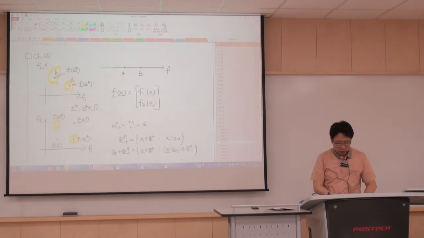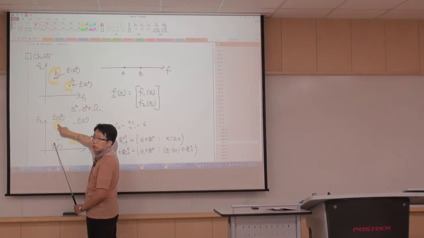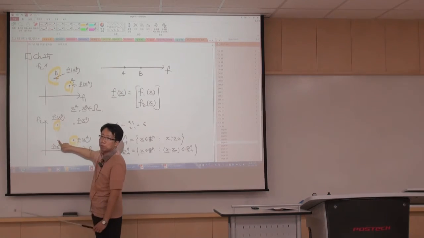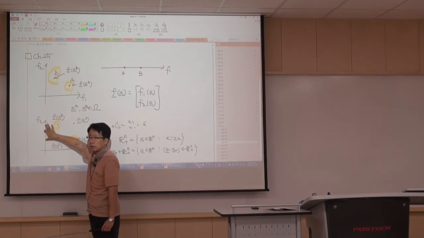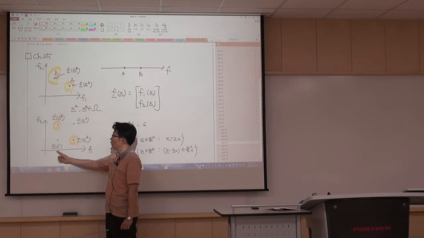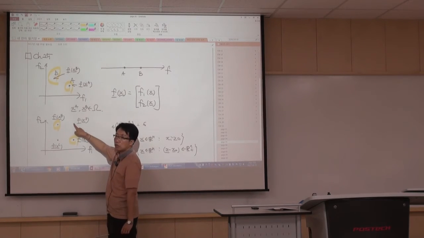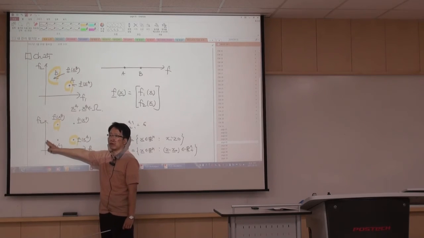Got it? So here, this one is dominated by this point when we compare the f2 value, am I right? This one is dominated by that point in the f1 value. This point is dominated by this point in both the f1 and f2 values.